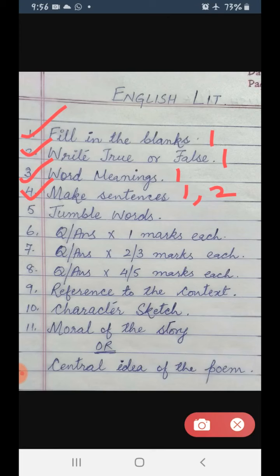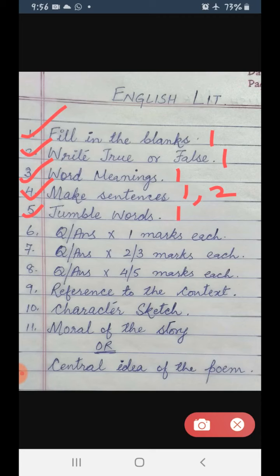Next comes jumble words. Jumble words means unscramble the words. The words will be jumbled up, that means mingled all together, so you have to unscramble them and find the words hidden in the jumbled words. It will also consist of 1 mark each.